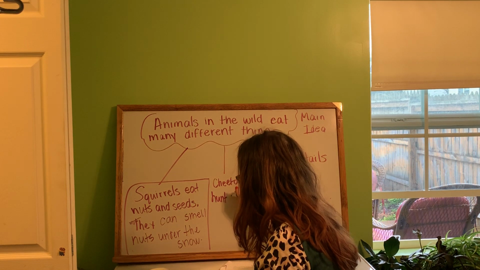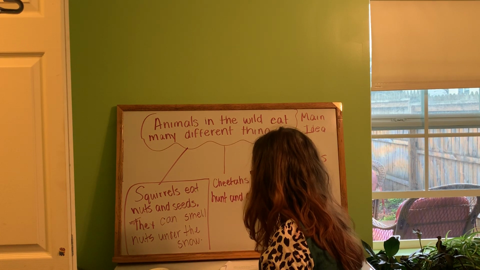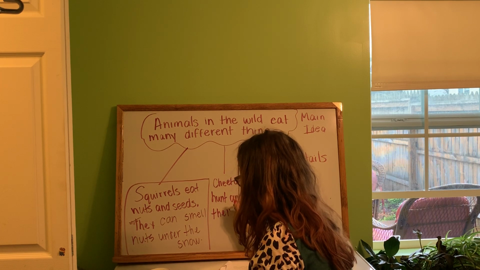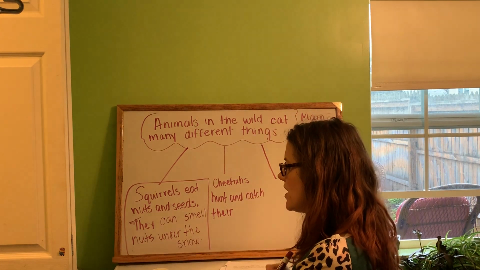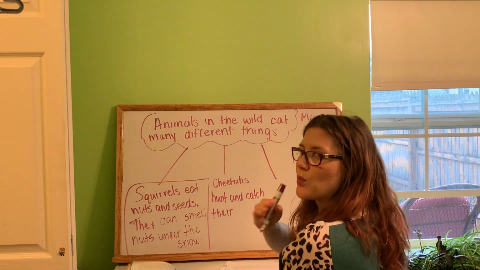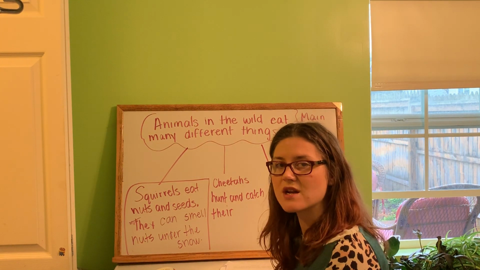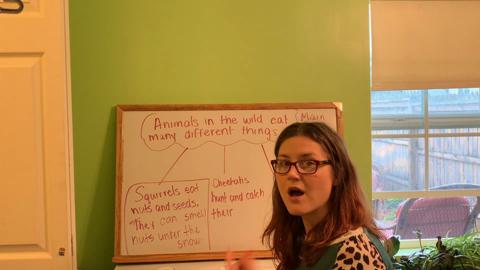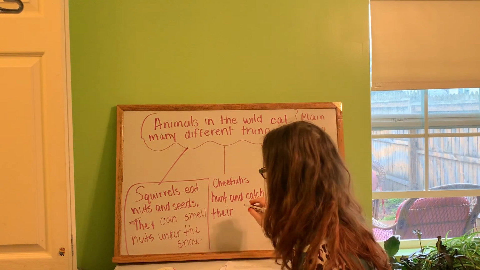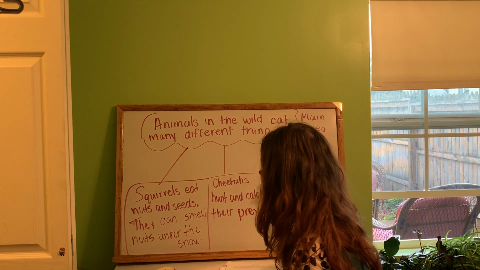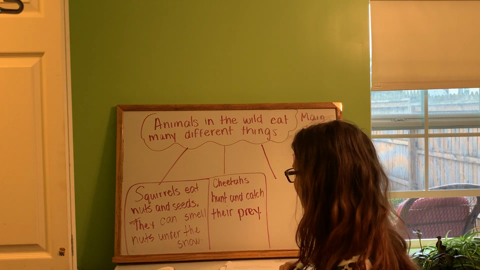Cheetahs hunt and catch their... Now, instead of food, does anyone know a bigger word, we call these fancy words in my room, a bigger word for the food that another animal eats? Starts with a pr. Prey. Awesome. Cheetahs hunt and catch their prey.